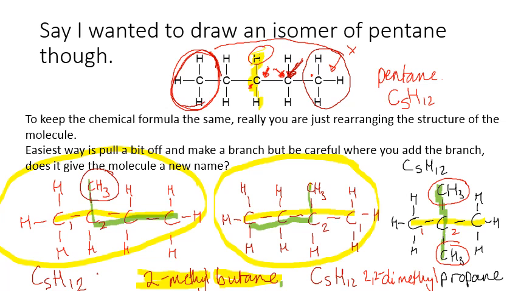So please rest assured that this slide here, you might want to watch it a couple of times. You're not going to be asked very often to draw multiple isomers, so it's unlikely that that question is going to come up in the exam. However, it is possible that it could.